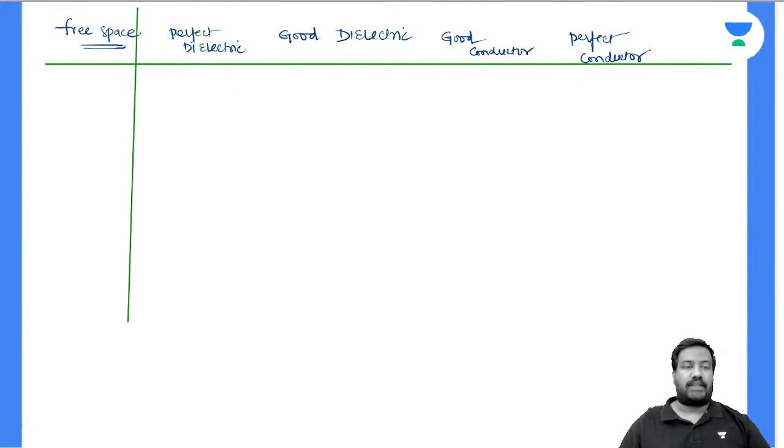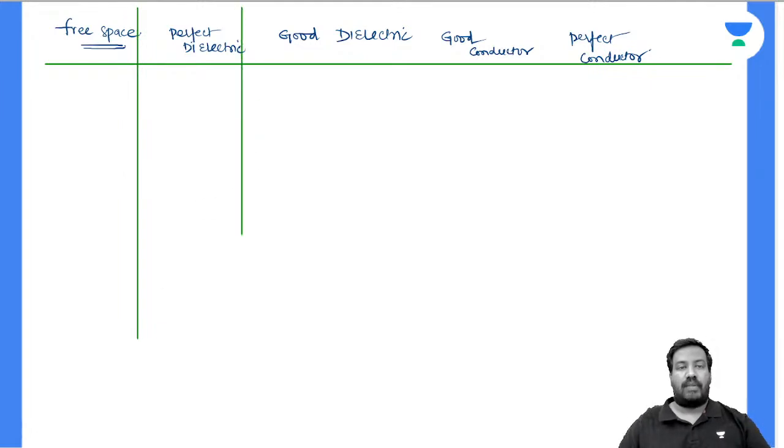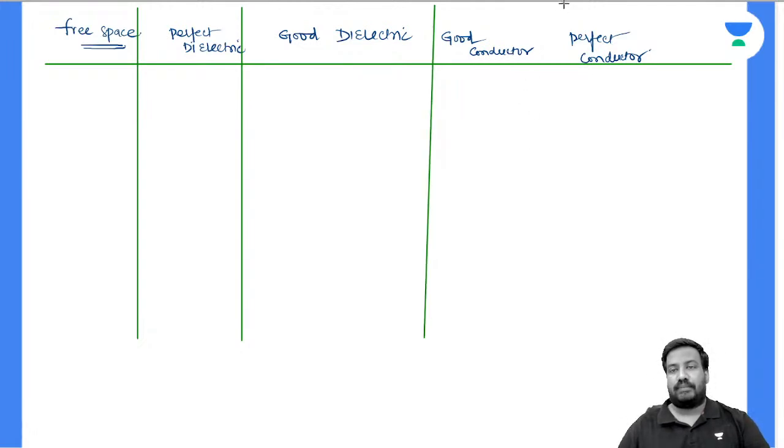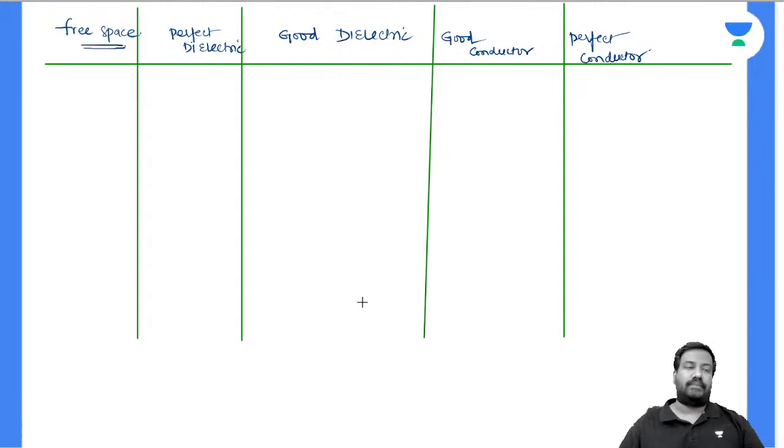So free space, perfect dielectric, good dielectric, good conductor and perfect conductor. We are discussing different types of quantities. Let us start with sigma.